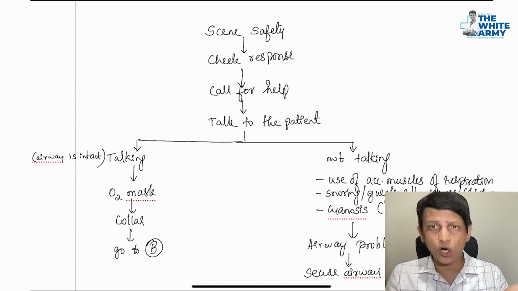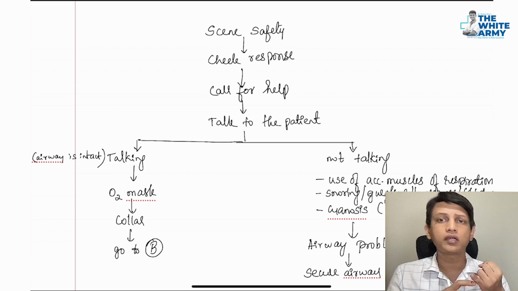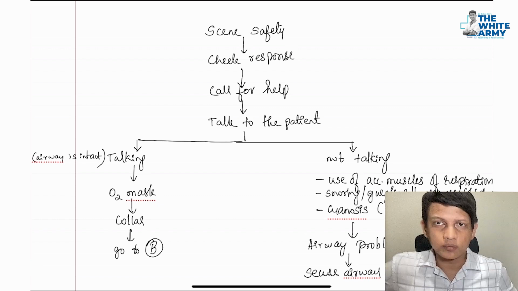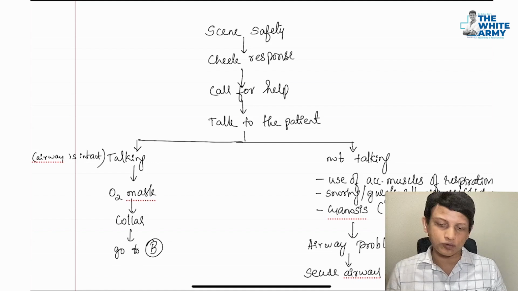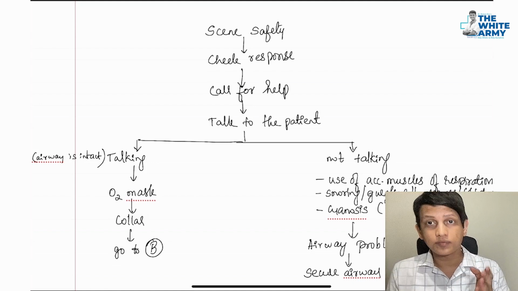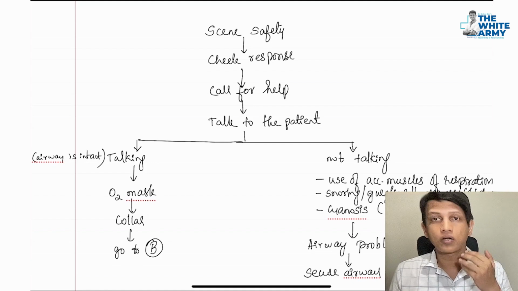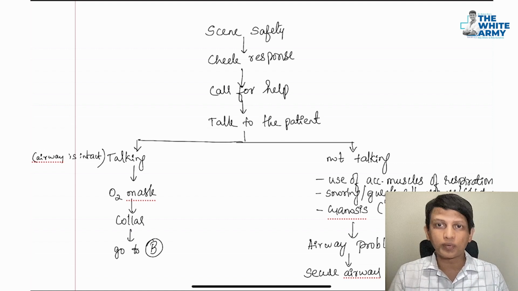If the patient is not talking, then it could be due to a compromise in the airway. That's one of the common causes. There are other causes also. So how do we know that really he is unconscious or airway is compromised?